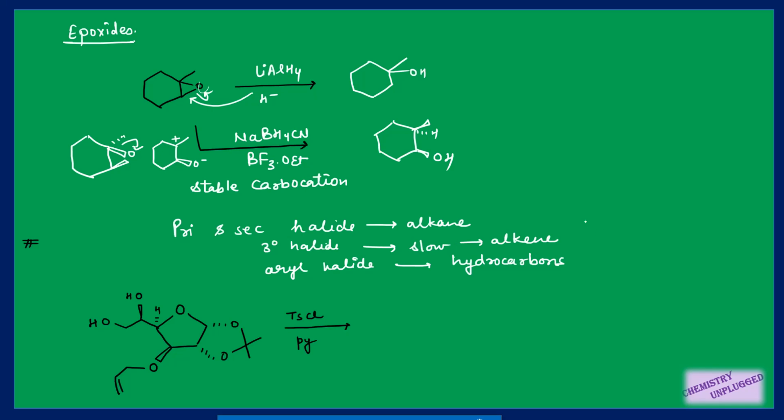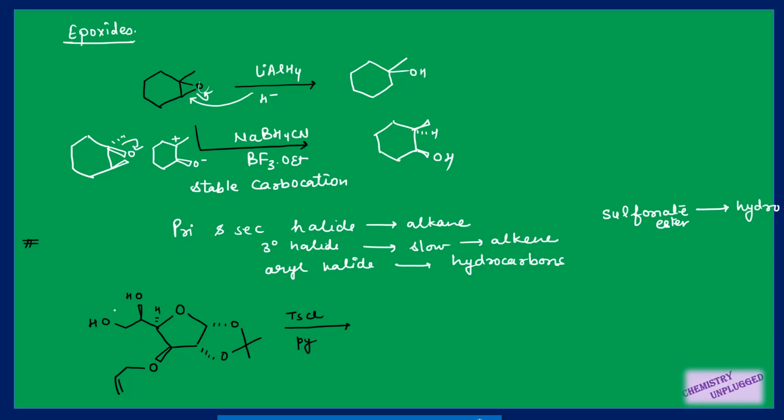In addition to that, if you have sulfonate esters, they will also be removed and hydrocarbon will form, right. For example, in this case I am first using tosyl chloride in the presence of pyridine. We all know how it will react. It will attack the less hindered OH group.